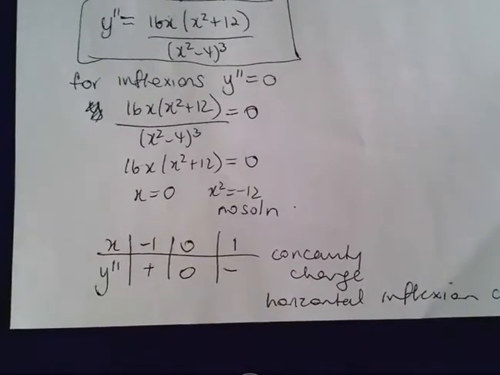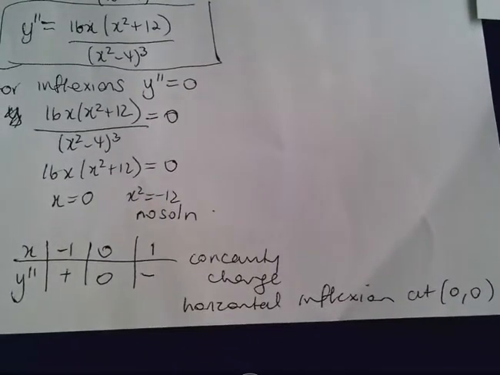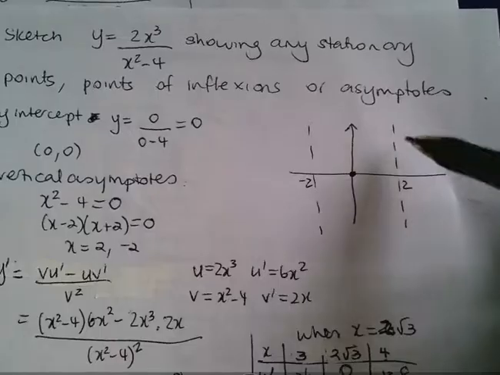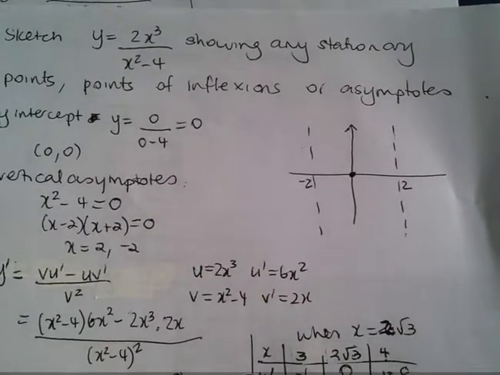All we need to do is draw this. There are no other inflections anyway. We already picked up the horizontal inflection. We've got vertical asymptotes at 2 and negative 2. So we're now looking at behavior around asymptotes.